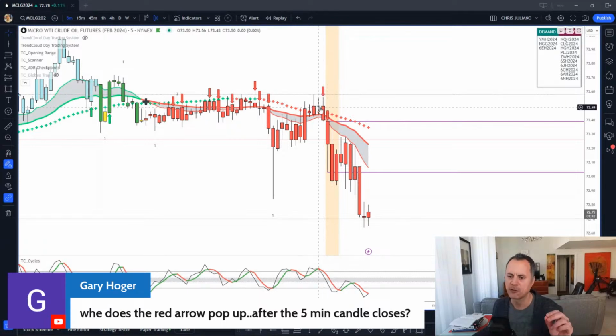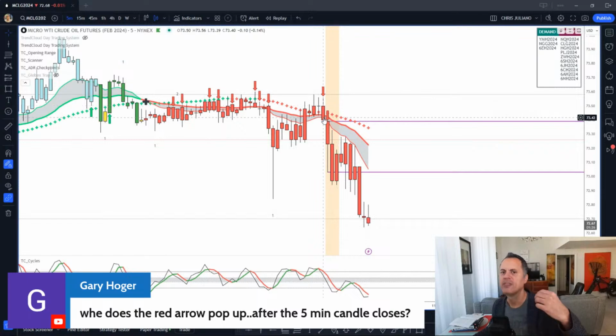It's a mathematical equation that's saying if the candle closes this percent away from the TrendCloud, then produce a signal. So it's going to produce the signal when the candle closes. It will flash on and off until the candle closes.